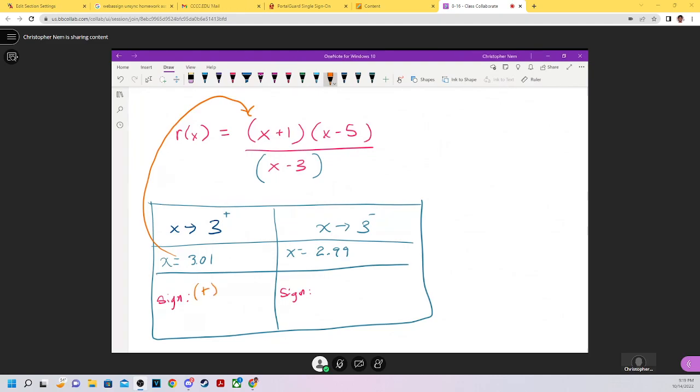If I plug it into the second factor, that's going to be negative. All divided by, if I plug it into the denominator, that's going to be positive. And then for the second one, if I plug 2.99 plus 1 into the first one, that's going to be positive clearly. If I plug into the second one, that's going to be negative. However, when I plug it into my denominator, that's going to be negative.